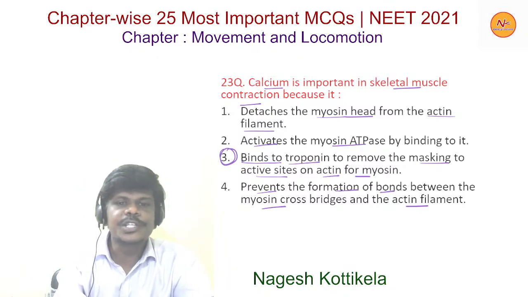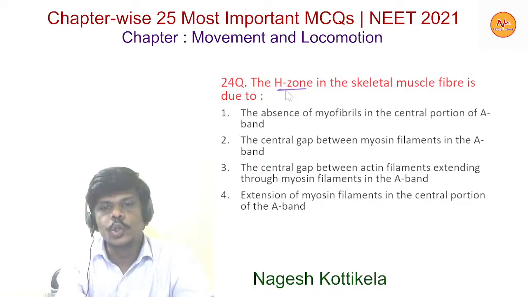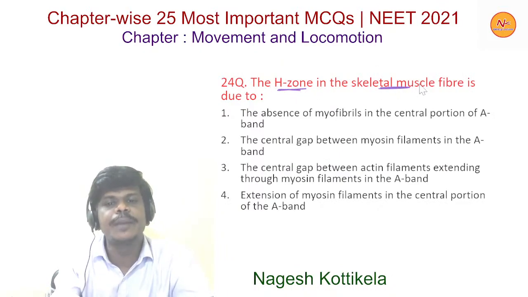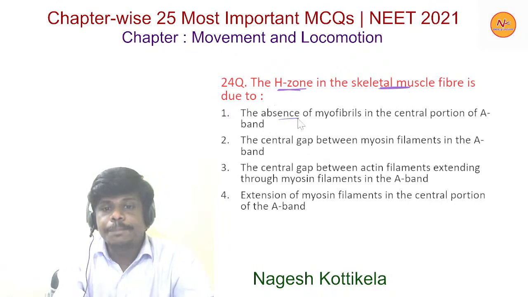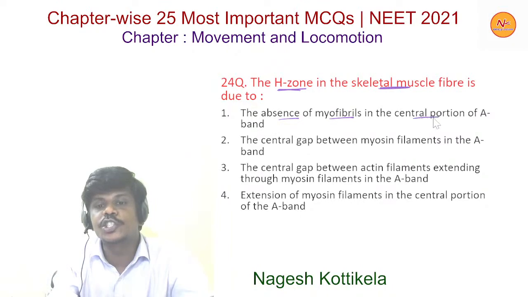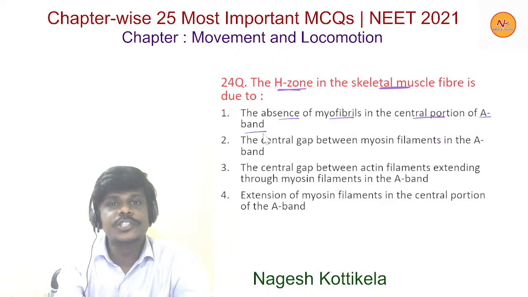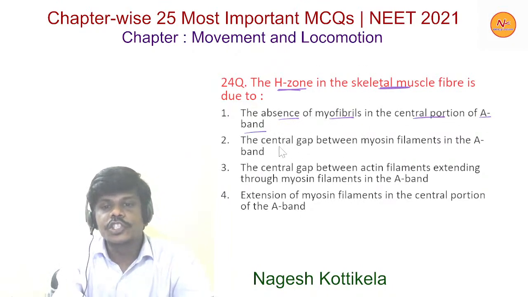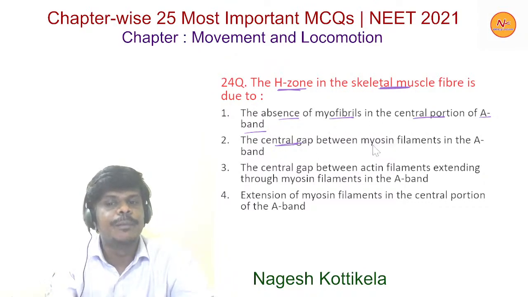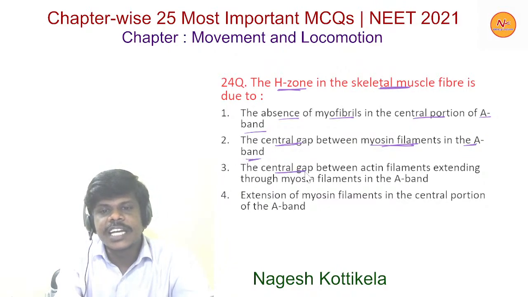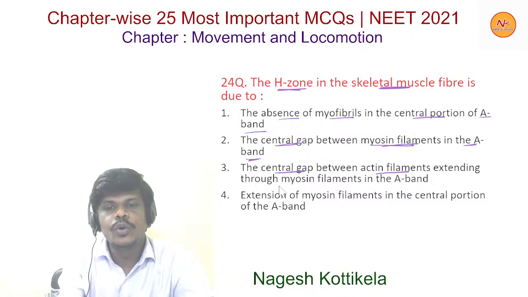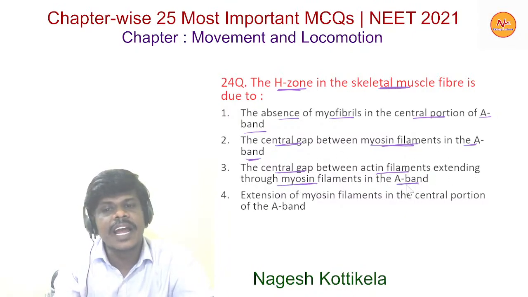Now question number 24. The H zone in skeletal muscle fiber is due to: option 1, the absence of myofibrils in the central portion of A band. Option 2, the central gap between myosin filaments in the A band. Option 3, the central gap between actin filaments extending through myosin filaments in the A band.